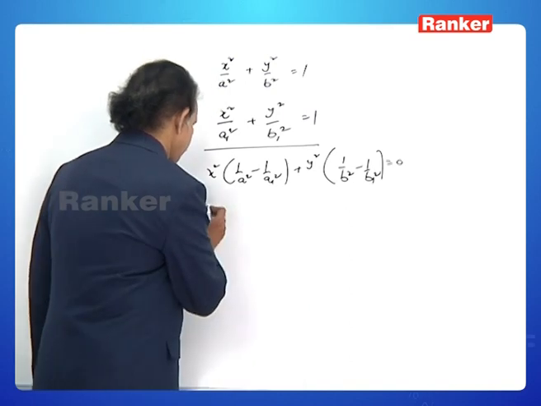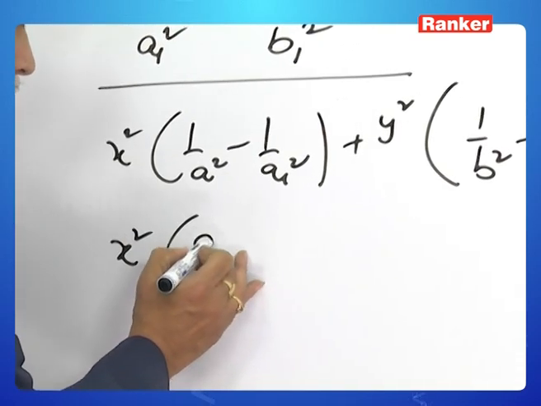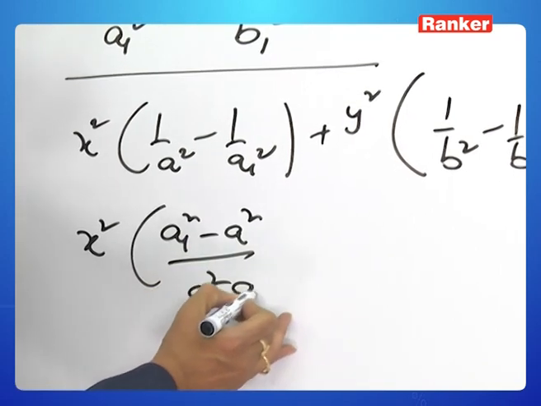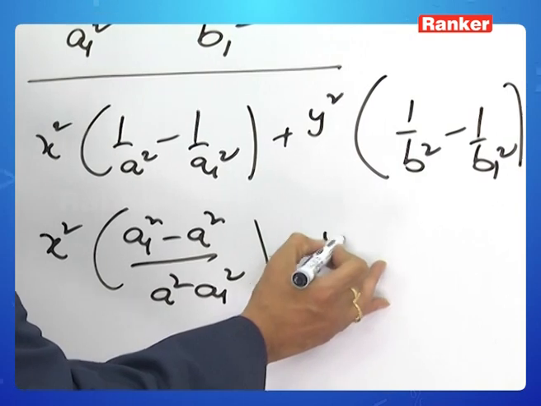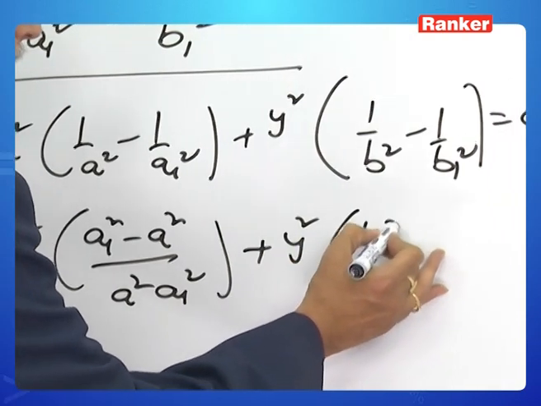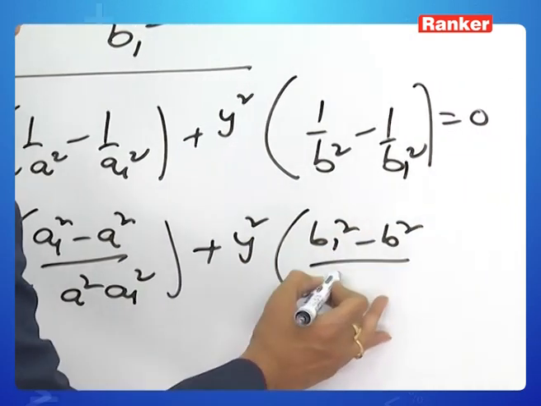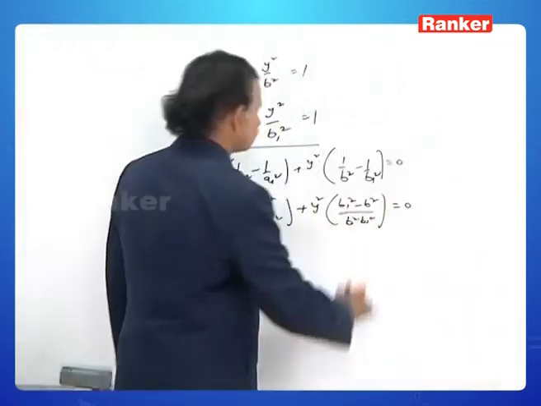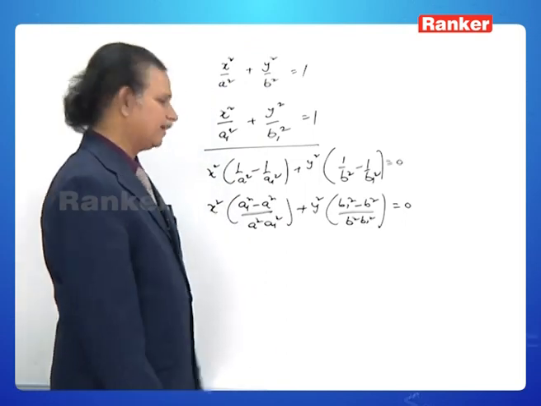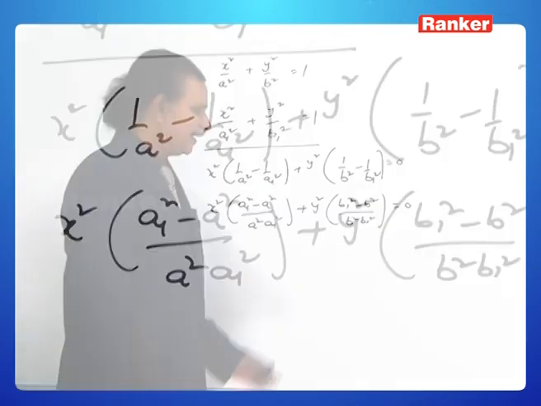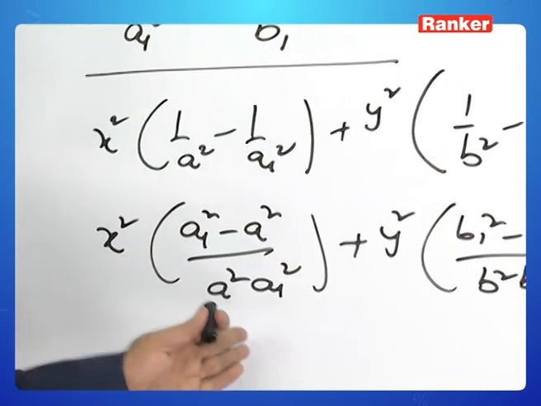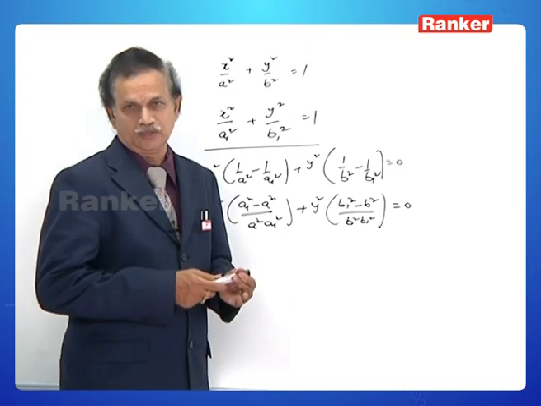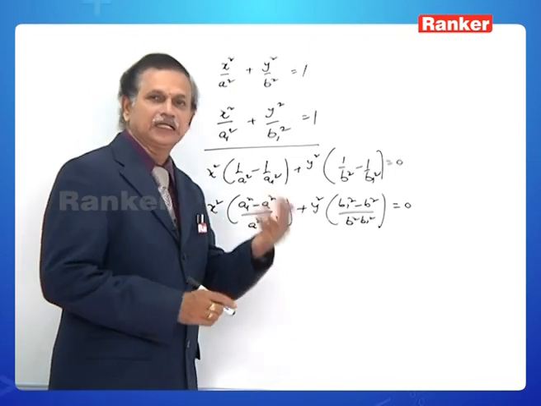That is x square into... plus y square into... let us keep this aside. We know that x1 square into (a1 square minus a square) by (a square a1 square) plus y1 square into (b1 square minus b square) by (b square b1 square) is equal to 0. We shall use this condition later.